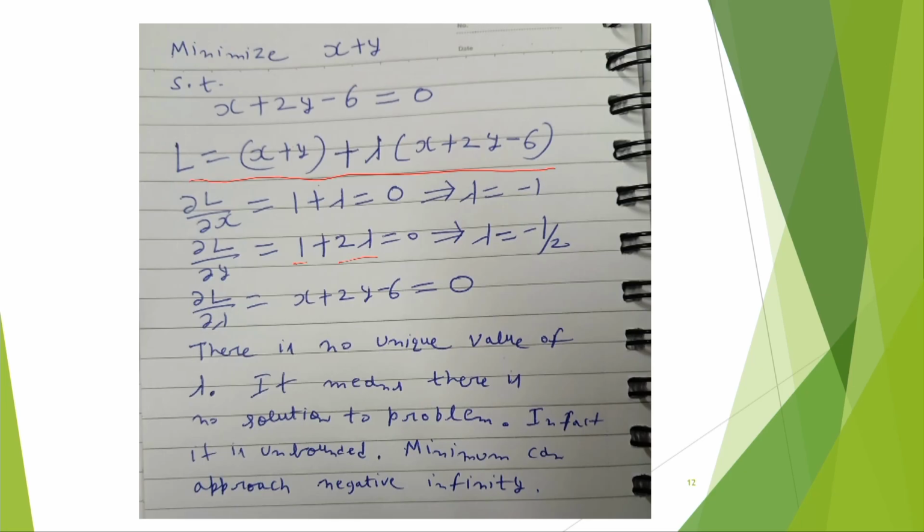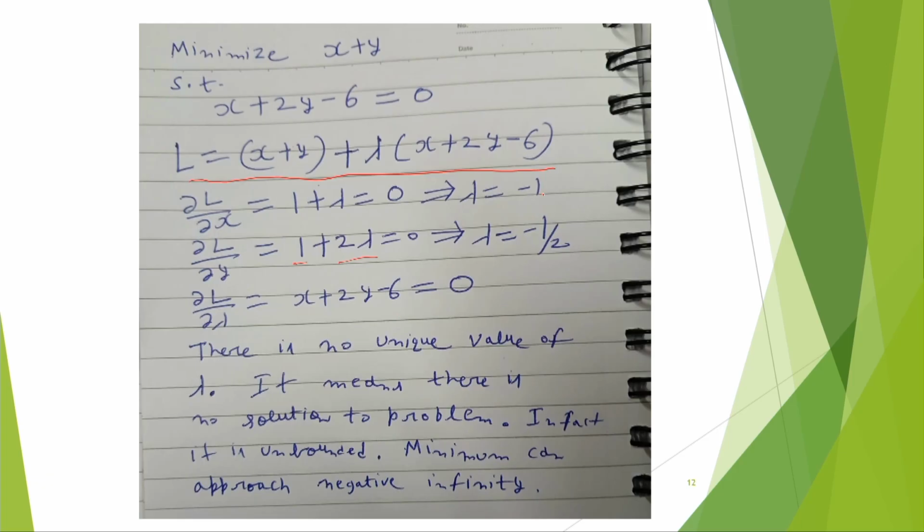Then del L by del lambda is equal to x plus 2y minus 6. That is obvious, because if you partially differentiate with respect to lambda, differentiation of x will be 0, differentiation of y will be 0, and you get x plus 2y minus 6, the coefficient of lambda. So, this is equal to 0.